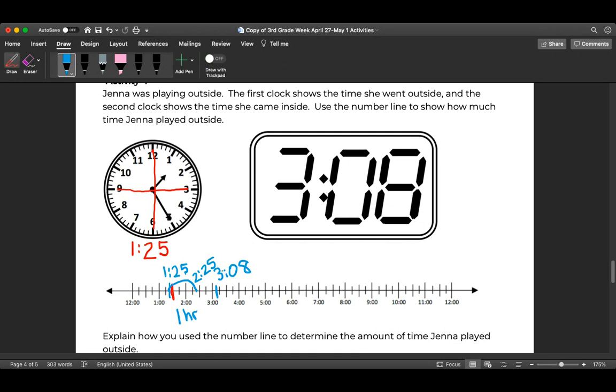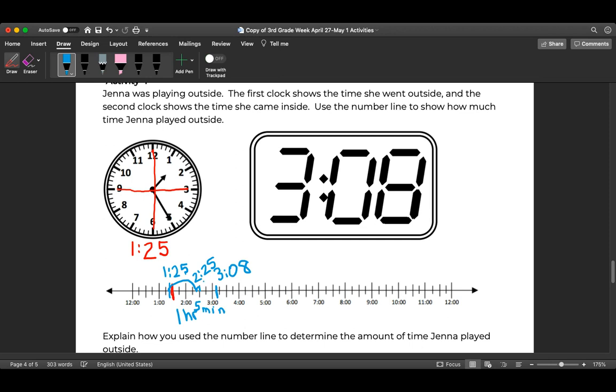Now I can't make another hour jump, because if I jump a full hour, I'm going to be at 3:25. And that's past the time that Jenna went back inside. So instead, I'm going to make a little bitty 5-minute jump. And this is squeezing it in. But I'm going to put 5 minutes.